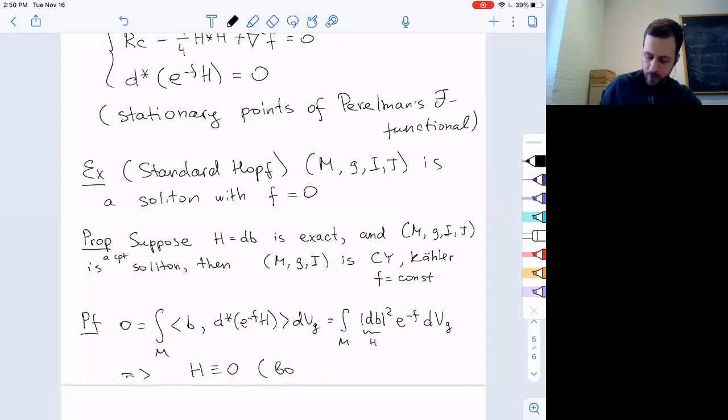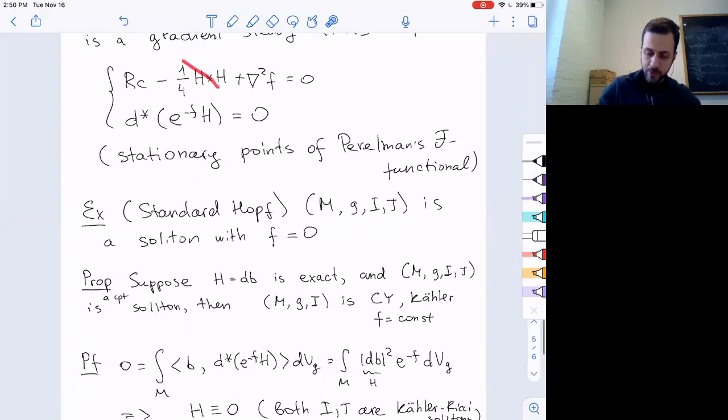So both I and J are Kähler-Ricci solitons. So they are both Kähler and H is identically zero. So this term disappears from here. And if you remove this term, what is left is exactly the Ricci soliton equation.